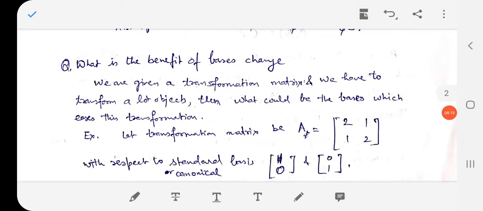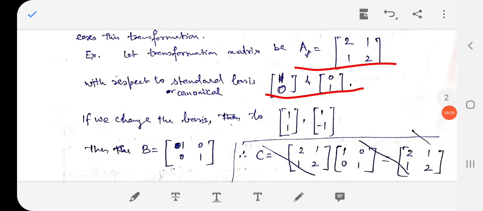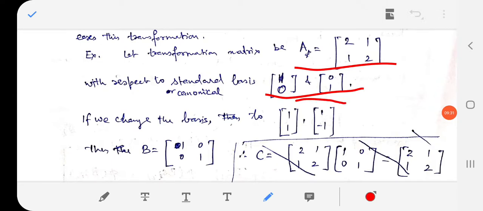Let us suppose that I have a transformation matrix this, and this is in the standard basis. Now let us suppose we change it to this basis. We change it in the input space and the output space. Both the spaces were in the standard basis. Now we change both the bases to this particular thing.